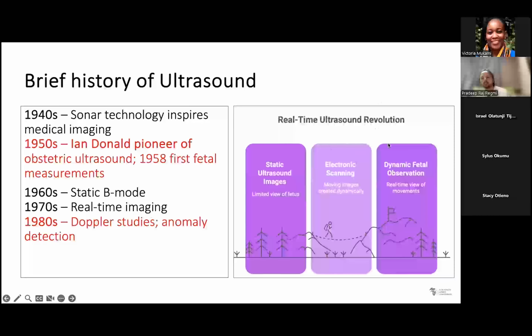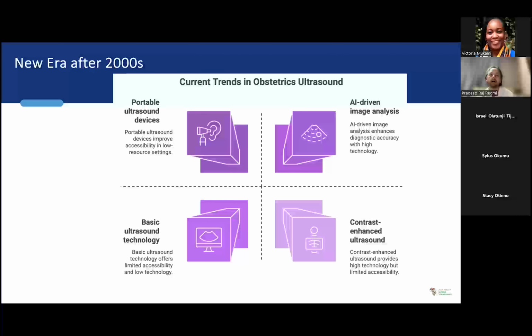Now dynamic fetal observation is also available in different aspects like 3D ultrasound and 4D ultrasound. And after the 2000s, there is a hot burning topic in obstetric ultrasound. It can be used in portable ultrasound devices as well. And after 2000, there is AI-driven image analysis for obstetric ultrasound as well.